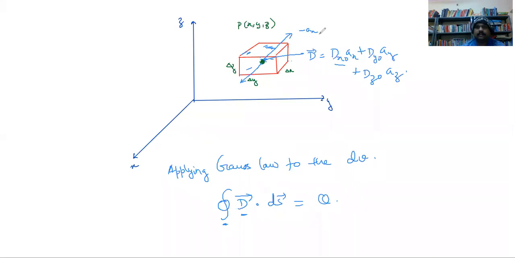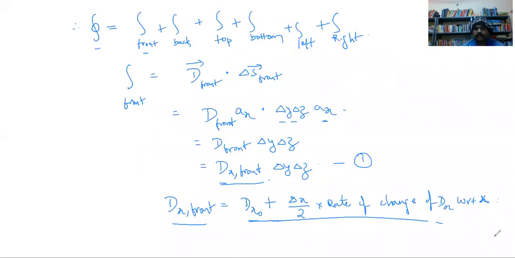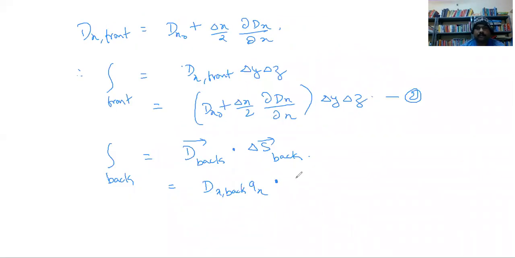Hence, it is legitimate for me to take the surface vector representing the back surface of the differential volume element as minus ax, because it is in the negative x direction. So this becomes delta y into delta z into minus ax. So this becomes minus Dx back delta y into delta z.